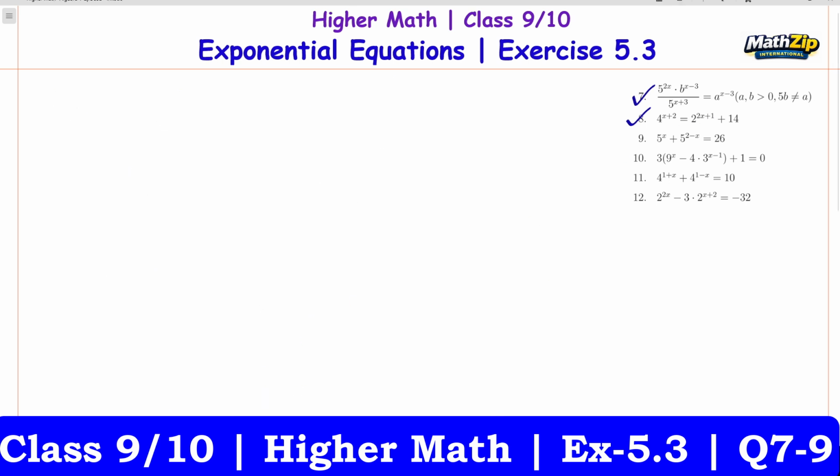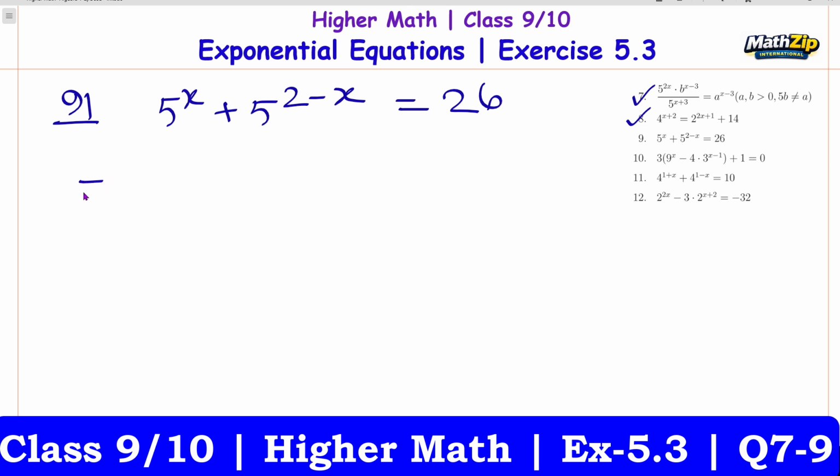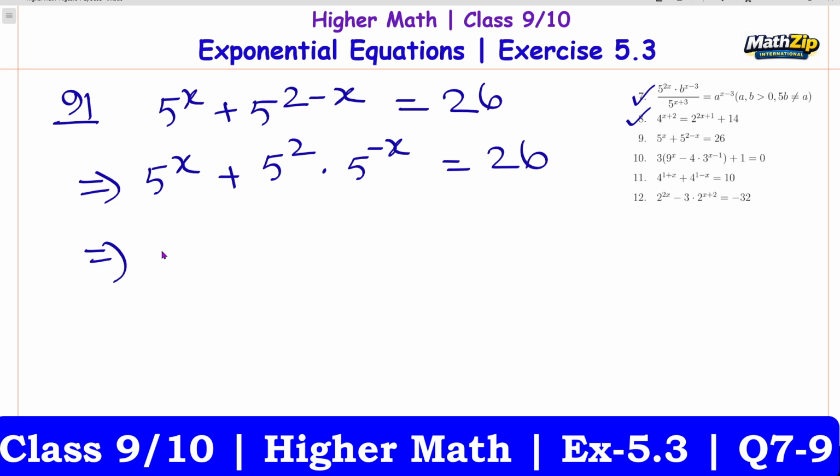Question 9. 5 to the power x plus 5 to the power 2 minus x equals 26. So here we have 5 to the power x plus, this one we can write 5 to the power 2 times 5 to the power minus x equals 26. 5 to the power x will be unchanged. 5 squared means 25.